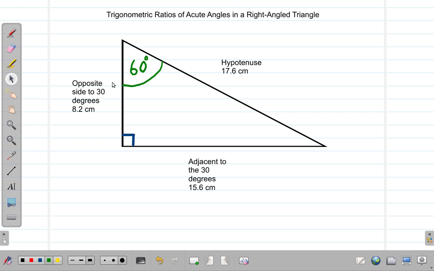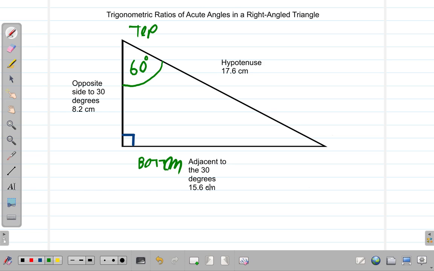Now here you can see that the 60 degree angle is at the top of our triangle, but this side is at the bottom of our triangle. So this now becomes the opposite, because top and bottom are opposite sides.